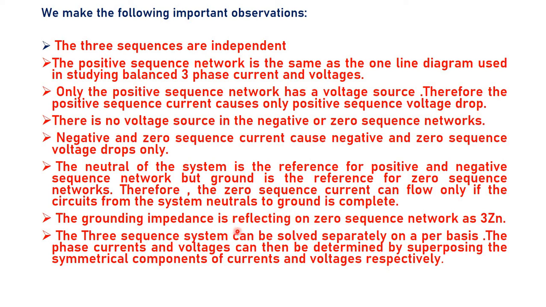The grounding impedance reflects in the zero sequence as 3Zn. The three sequence systems can be solved separately on a per phase basis. The phase currents and voltages can then be determined by superposing their symmetrical components of current and voltages respectively. Here the per phase currents.